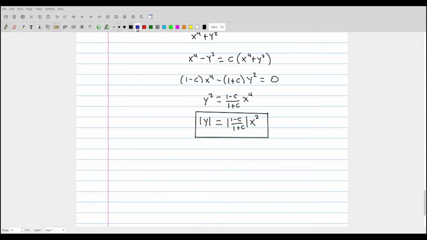And what that means then is that for any given value of c, say for example, c equals 1/2, or any other possible value of c, the shape of the level curves are going to look like this.